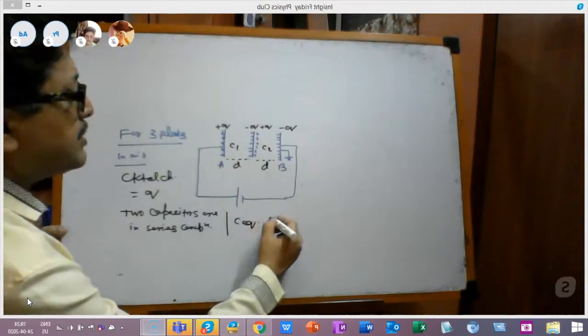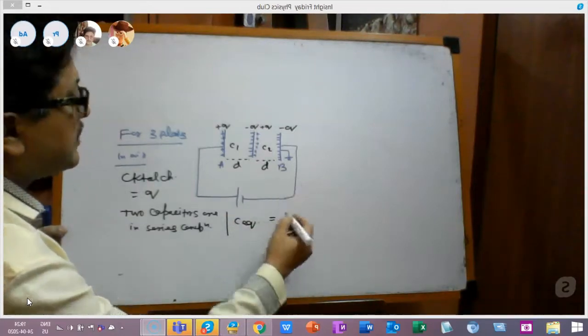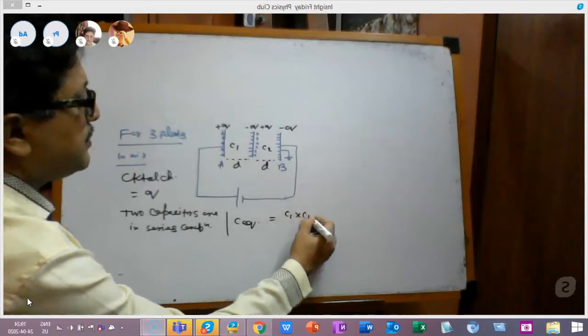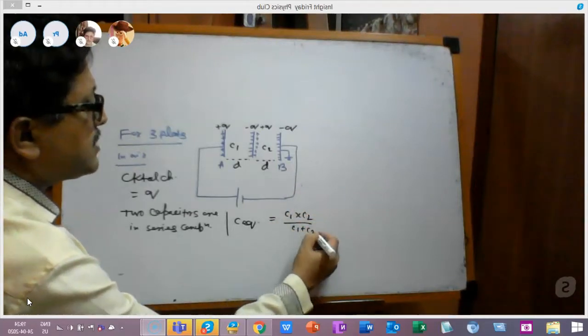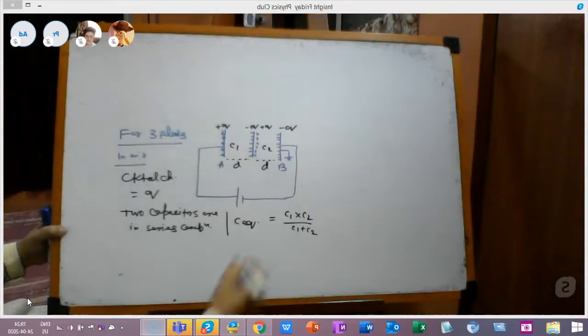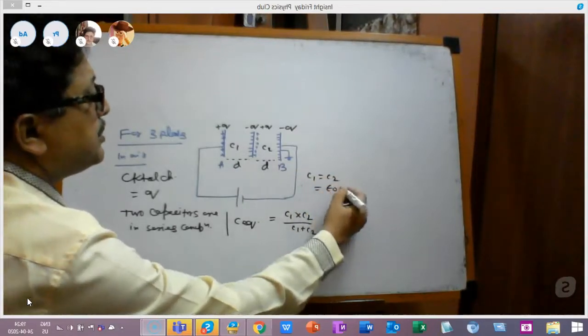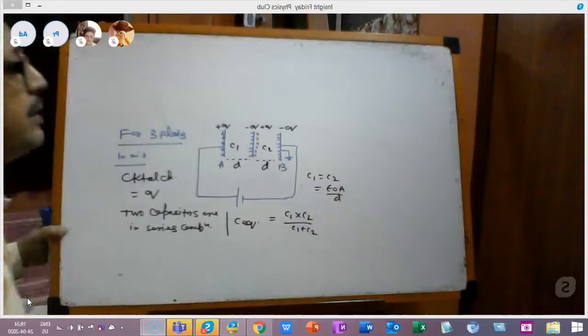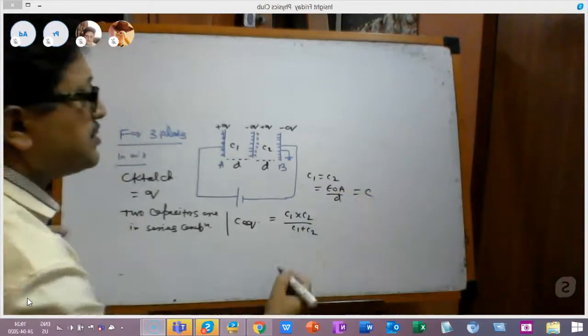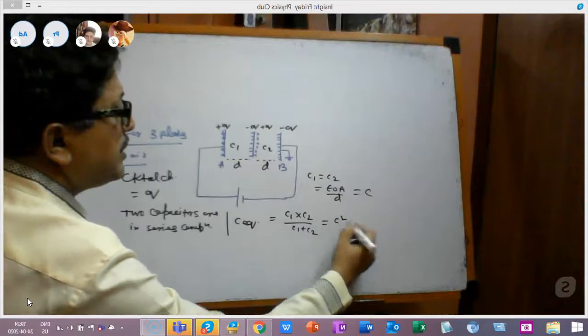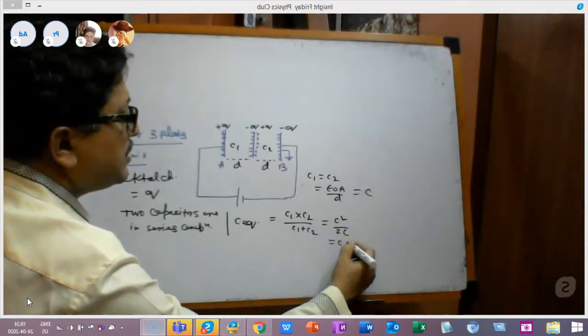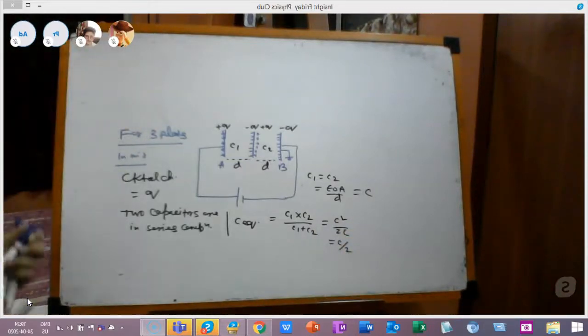C equivalent is given by the product of these 2 divided by C1 plus C2. All of you know this, but here C1 equals C2 equals E0A by D. So if I assume this is equal to C, this is going to be C squared by 2C, this is C by 2.